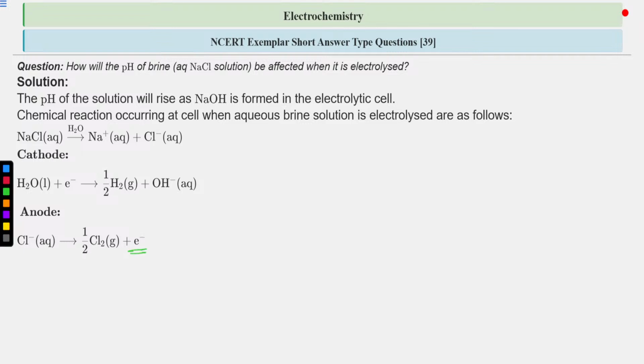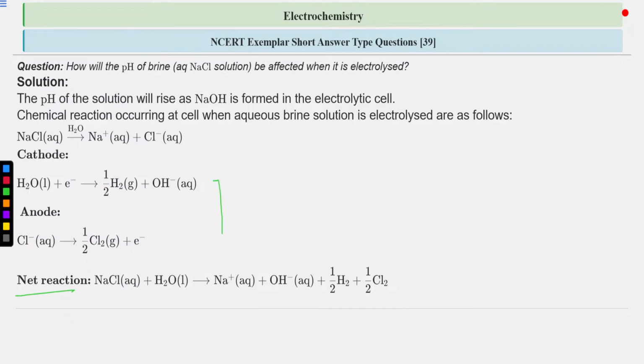We have just studied this in the previous question also, right? So chloride ion converts to half of Cl2 plus an electron at the anode. The overall cell reaction, the net reaction, will be the sum of these two reactions. The overall net reaction will be NaCl adding up with the water molecule.